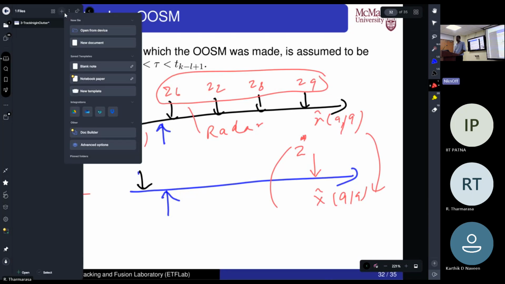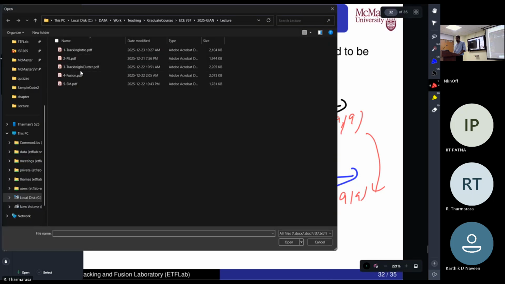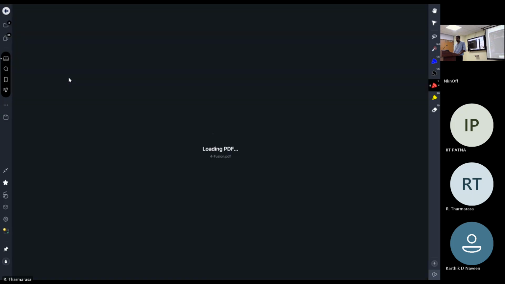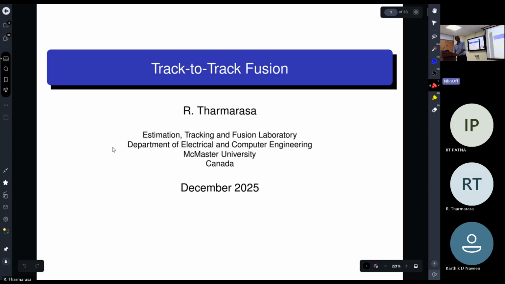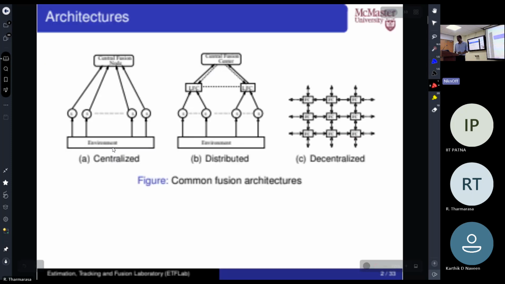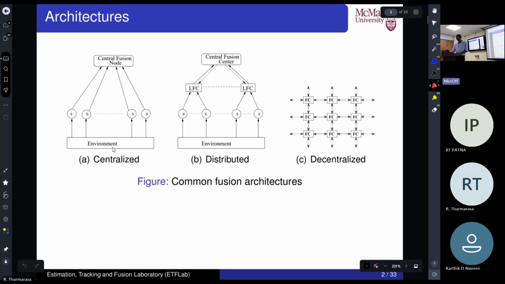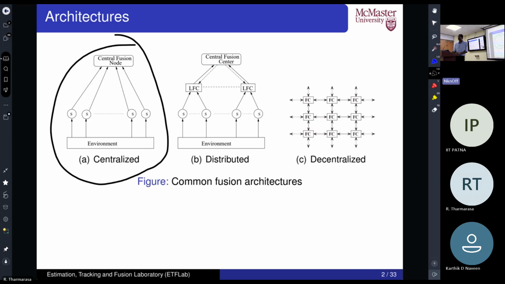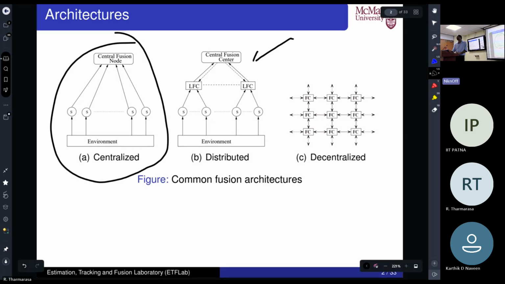Next, we are going to talk about track-to-track fusion. As I mentioned, so far we discussed this, and now we are going to move to this. This is a little complicated algorithm.